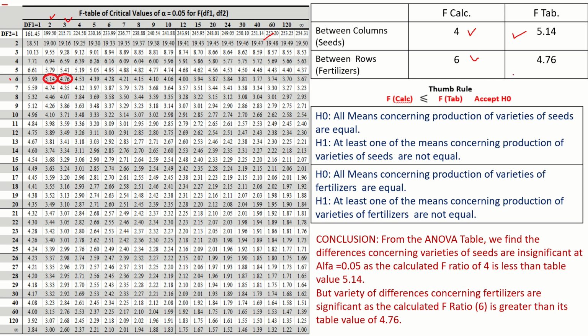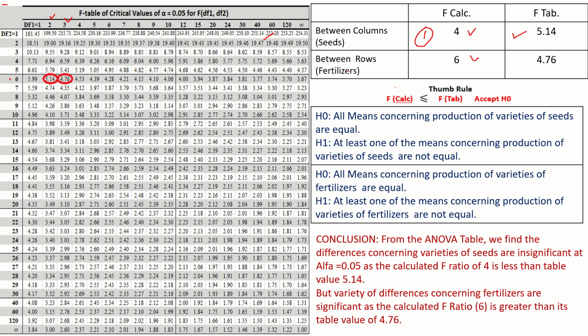Now the thumb rule we have to refer to: if F calculated is less than or equal to F tabulated, this is case 1, and you accept H0. That means in the case of columns, meaning seeds, there is no significant difference between the productions concerning different seeds.